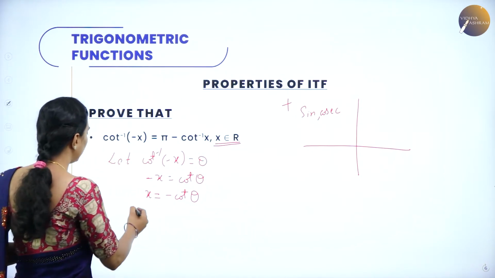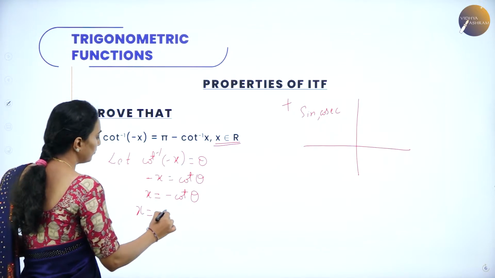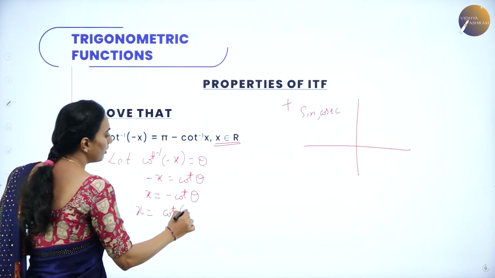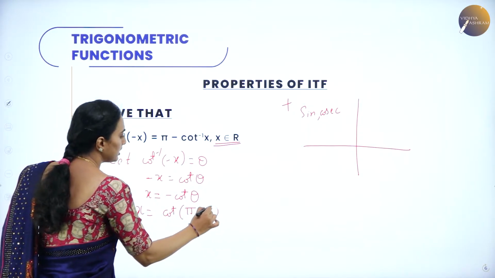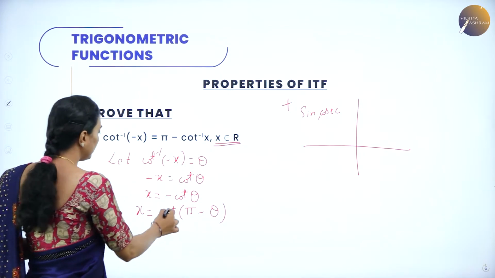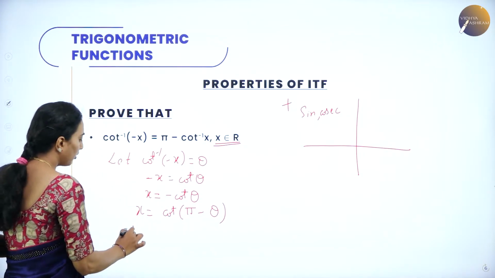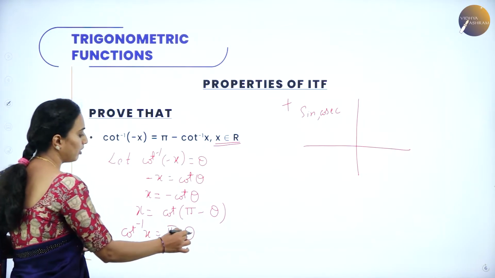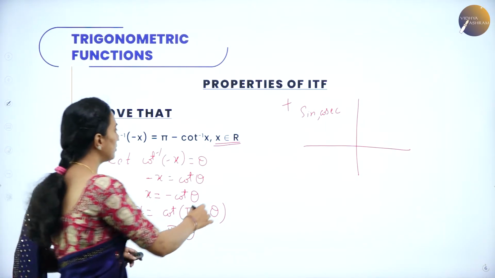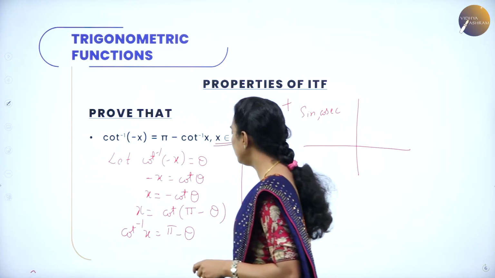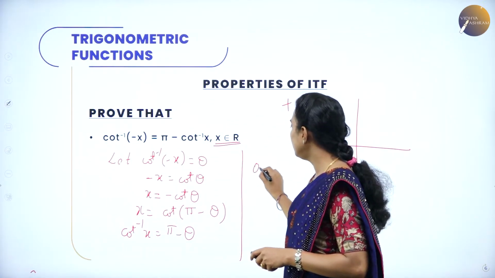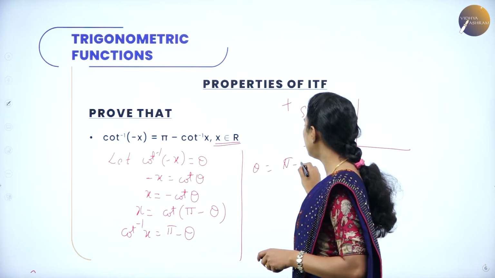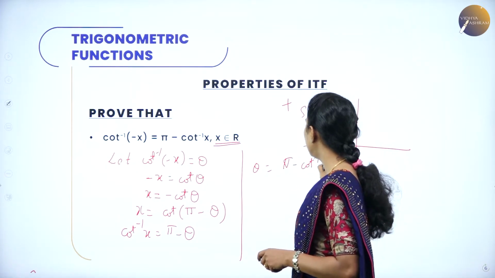So I am going to write here x is equal to cot of 180 minus theta. Okay, bring the cot to this side, it will become cot inverse x is equal to pi minus theta, or minus theta to this side, cot inverse to that side. So therefore you are going to have theta is equal to pi minus cot inverse x.